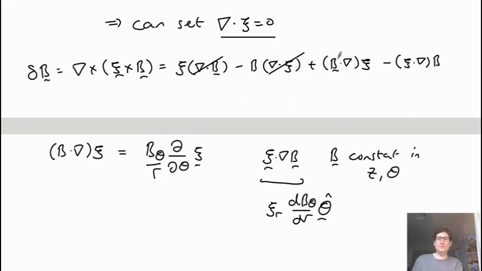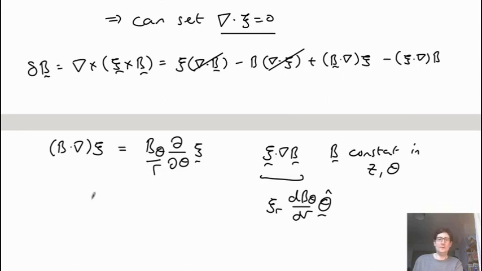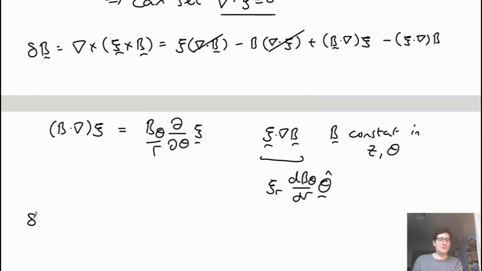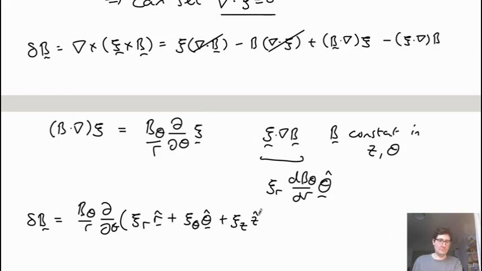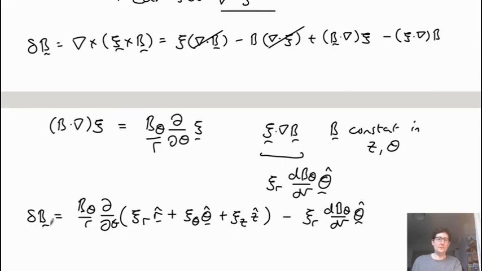With these two components, we put this into this equation and write down delta B. So B dot grad we write out as B theta over r d by d theta. Then we write out the various components of xi, and then the second term, minus xi r dB theta by dr in the theta direction. So this is the total B perturbation.